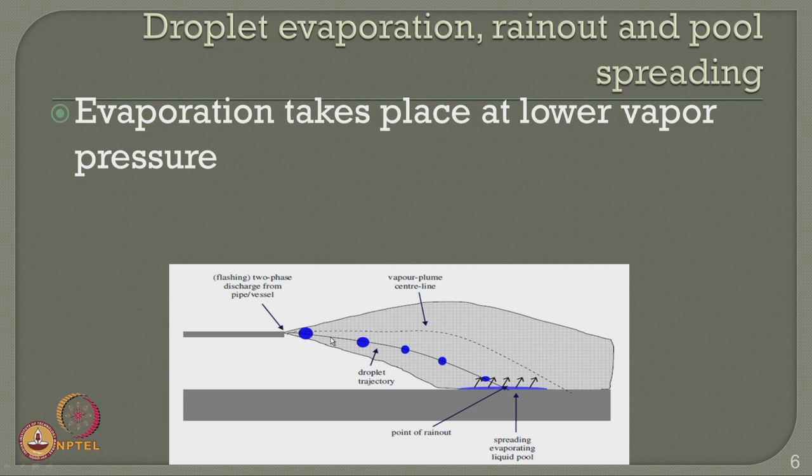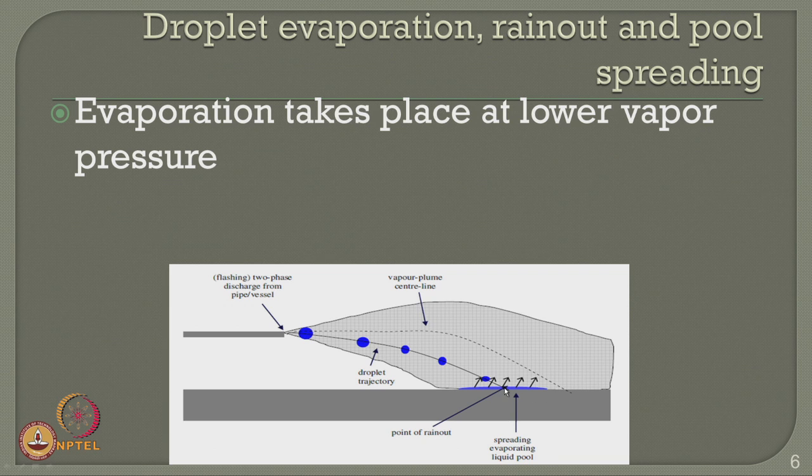When it touches the ground, it becomes a point of rainout, and this becomes the vapor plume center line and this becomes the droplet trajectory. When the droplet trajectory touches the ground, at what we call the touchdown point, it spreads off and results in what we call an evaporating liquid pool.